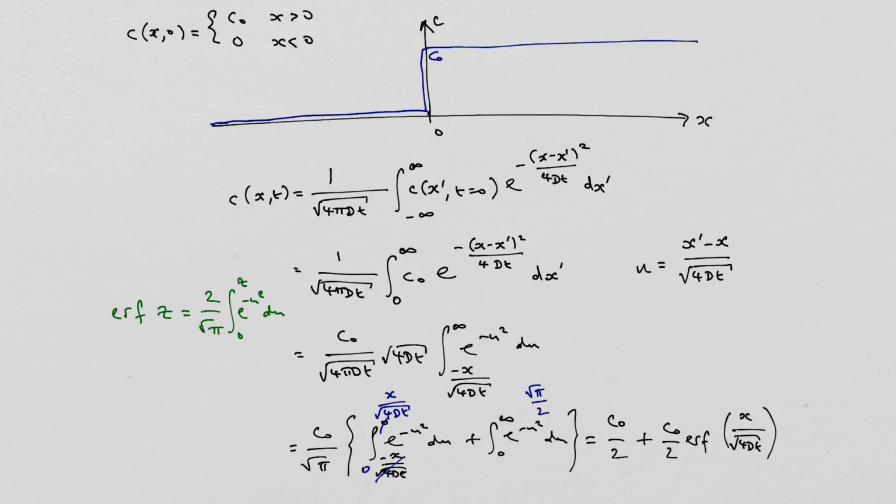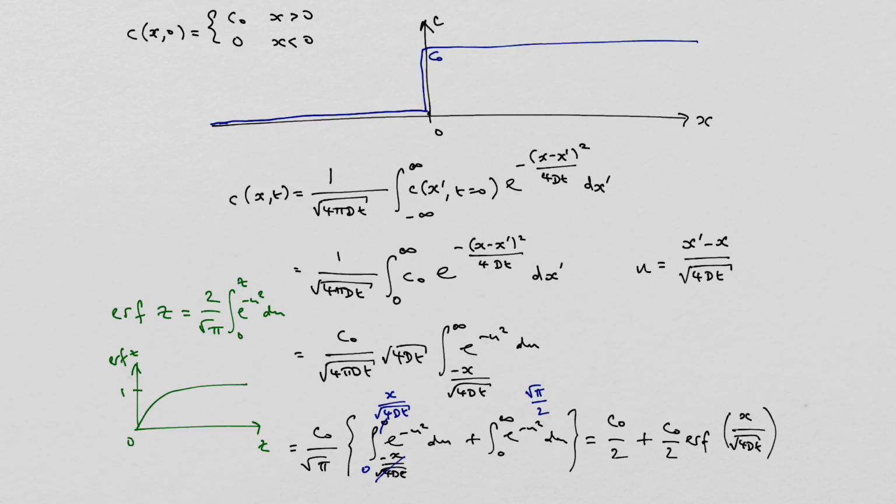Okay? So the error function is not actually a particularly interesting looking function. It basically does that. So it's linear in z for small z. Can you see why that is? See why it's linear in z for small z?